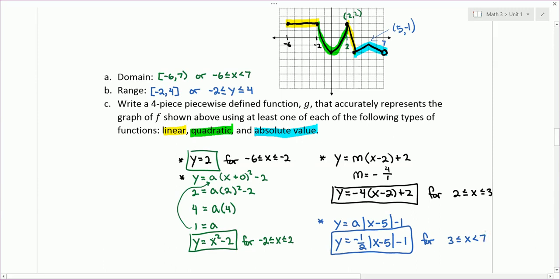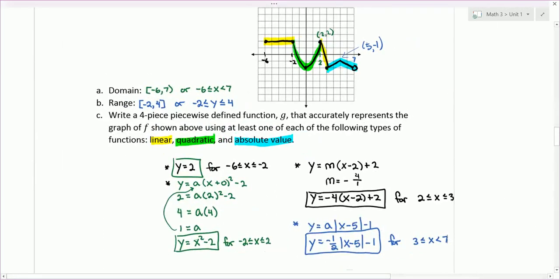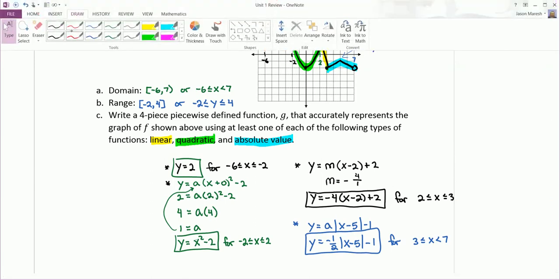Now, we need to adjust some of this because we've been handling these pieces separately, and when we put them together, we can't have the same point belong to 2 functions. So we need to adjust something really quickly here. And so let me point out what I mean.